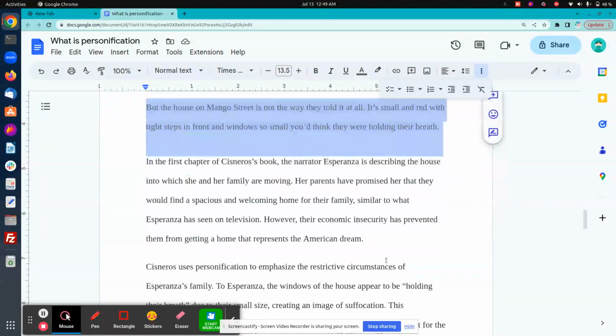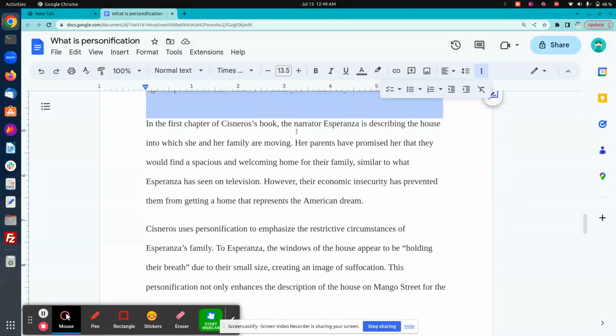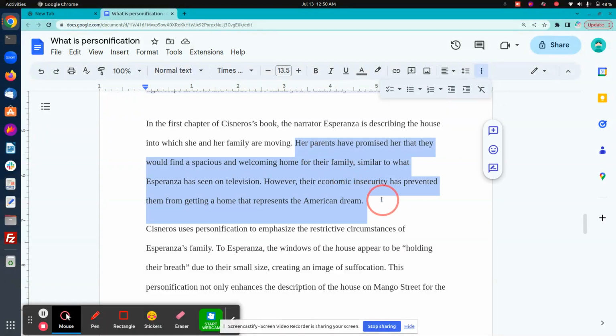In this chapter, the narrator, Esperanza, is describing the house into which she and her family are moving. Her parents have promised her that they would find a spacious and welcoming home for their family, similar to what Esperanza has seen on television.